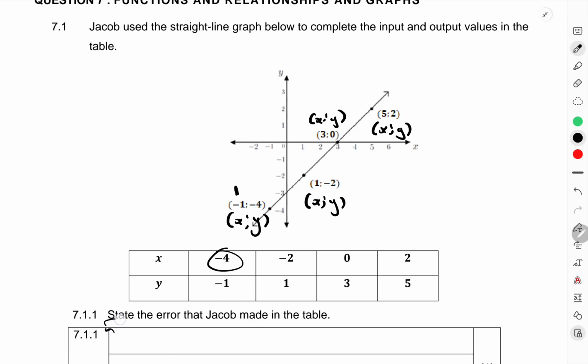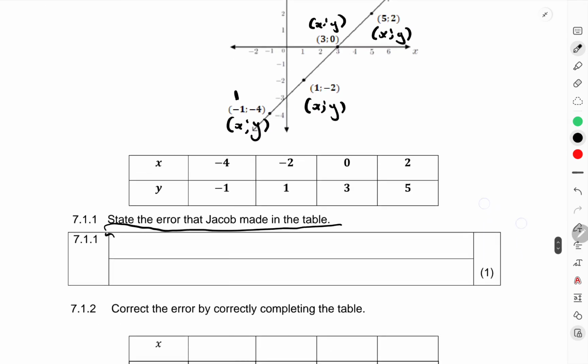Then when we look at the statement here, state the error that Jacob made in the table. What Jacob did, he recorded the y values as the x values and the x values as the y values. He made it vice versa. Therefore, instead of having -4 as the x value, he was supposed to get -1 as the x value and -4 as the y value. So what is the error that Jacob made?